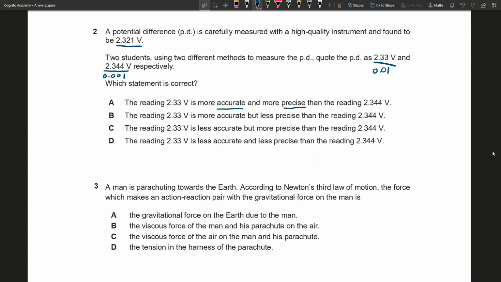That means that the 2.33 is less precise than the 2.344 reading, so anything saying that it's more precise is wrong. Next, the 2.33 reading is closer to our ground truth than the 2.344 one. That means it's more accurate. So our answer here is B.